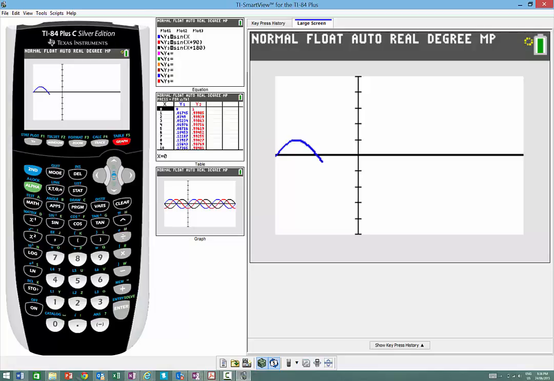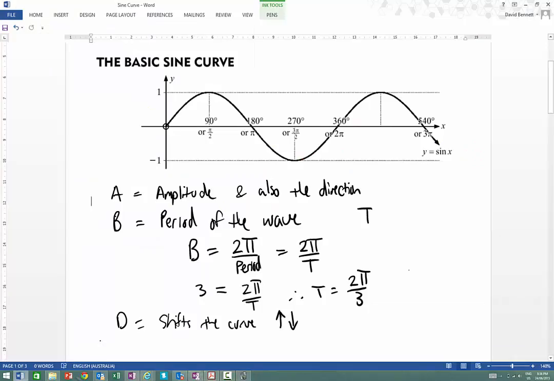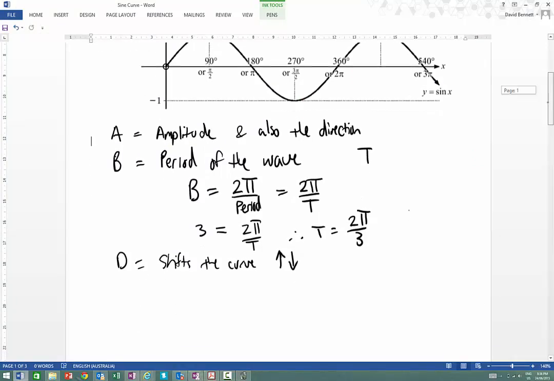So again, here's our normal sine curve. Keep in mind what we're going to be doing throughout this topic is trying to model what's actually happening with these curves. So if I went plus, what's happened is it's moved that point back that way 90 degrees. I think we probably have enough information now to make a statement about what happens with a curve.